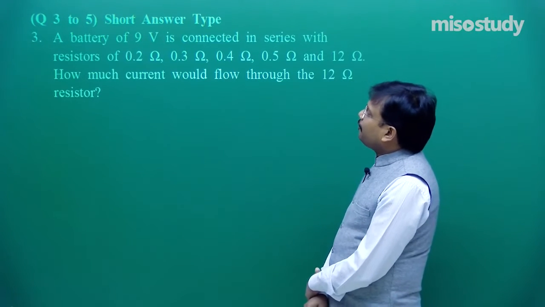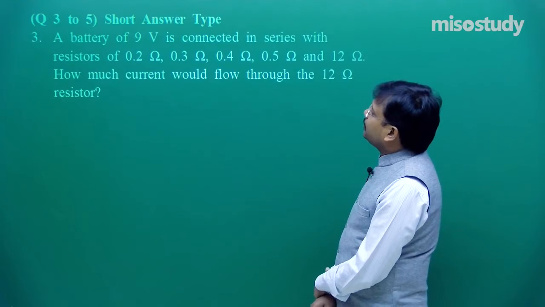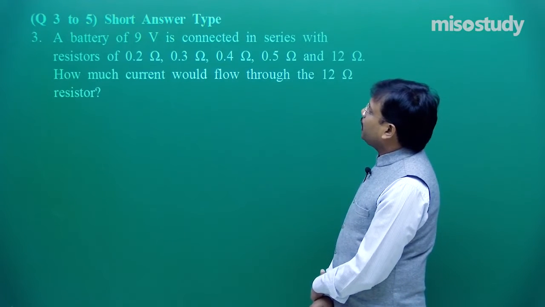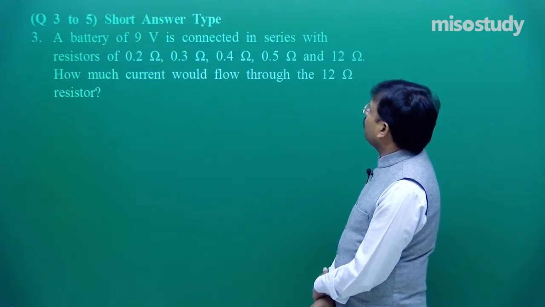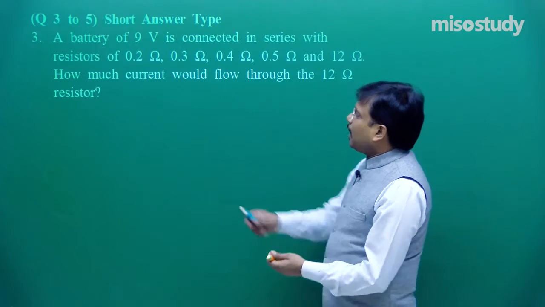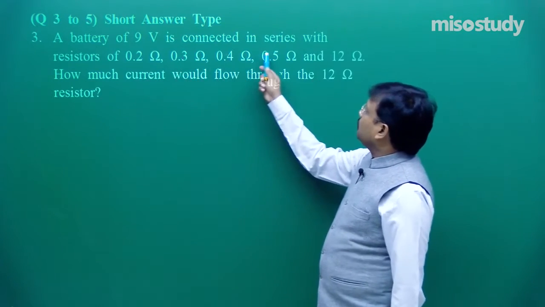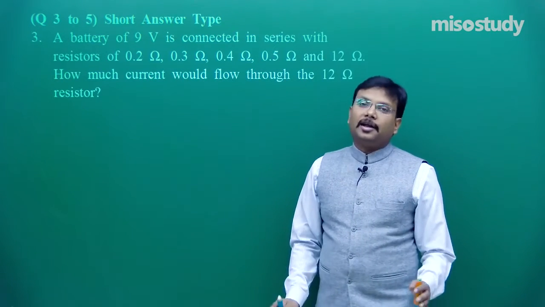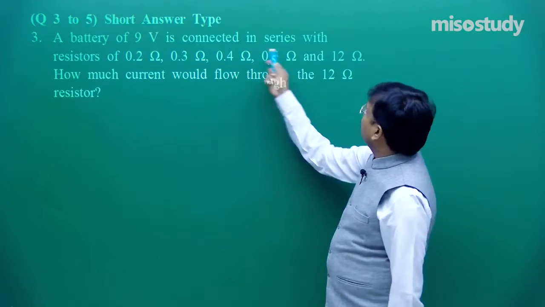So, a battery of 9 volt is connected in series with resistors of 0.2, 0.3, 0.4, 0.5 ohm and 12 ohm. So, there are 1, 2, 3, 4, 5 resistors connected in series, all in series.